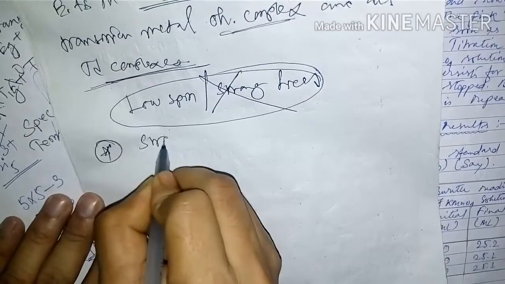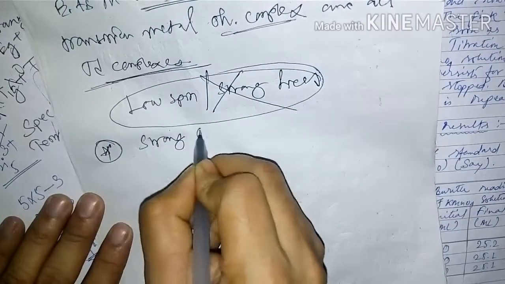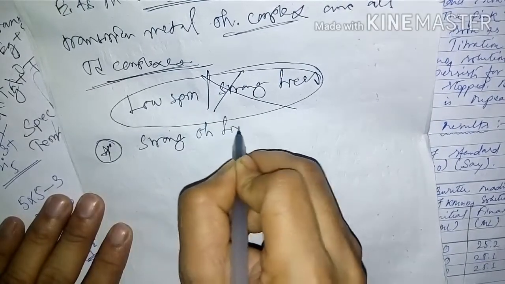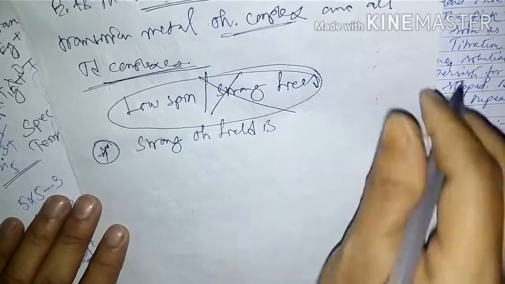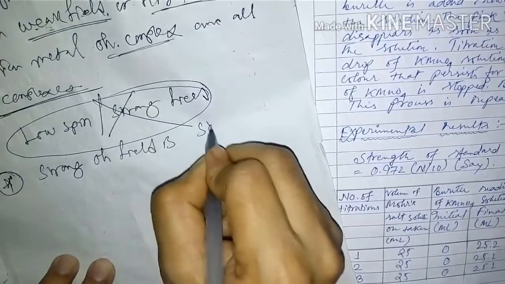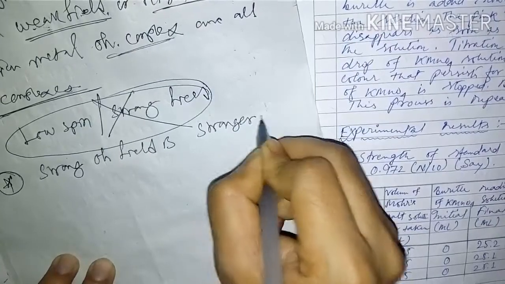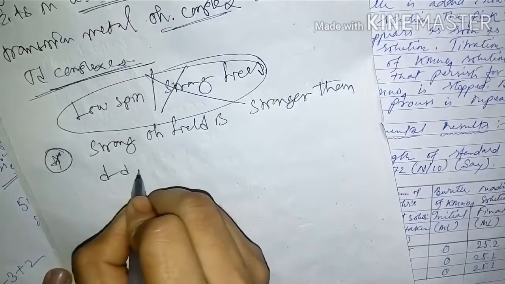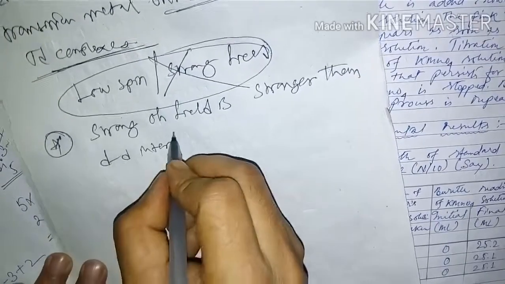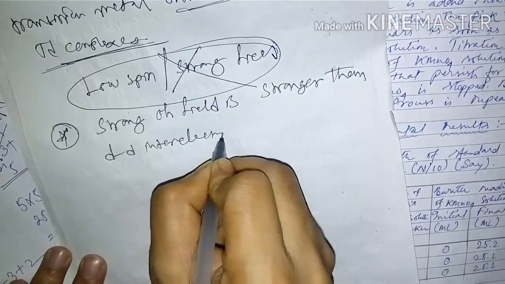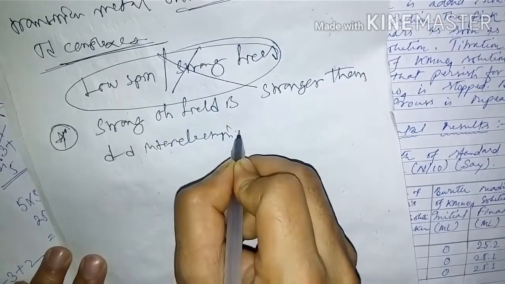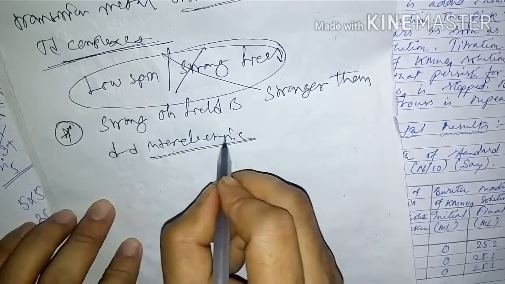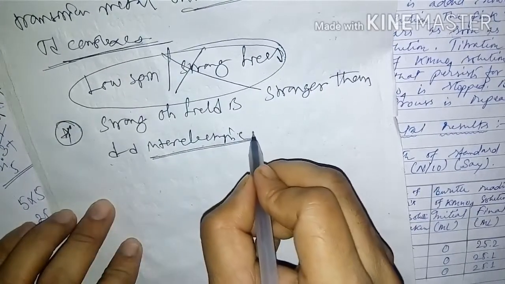This strong octahedral field is stronger than the interelectronic repulsion.